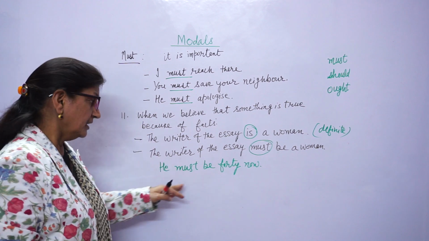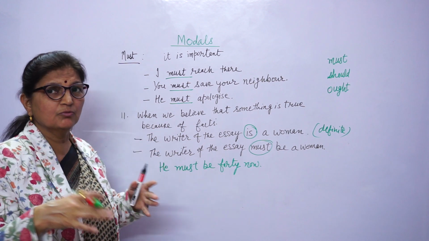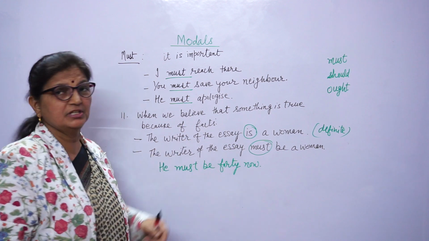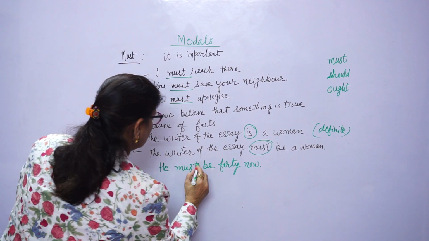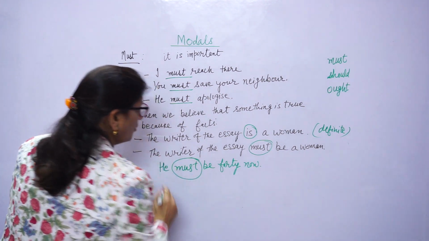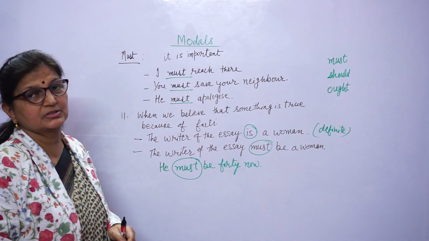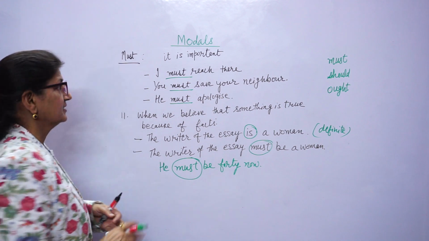But if you say he must be 40 now because of appearance or his behavior, you say he must be 40 now. So this is the difference between the be form of verb and must. This is in a declarative sentence.